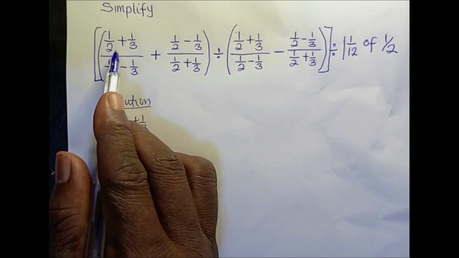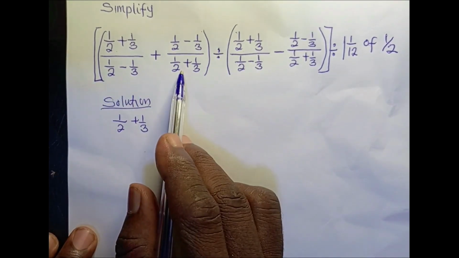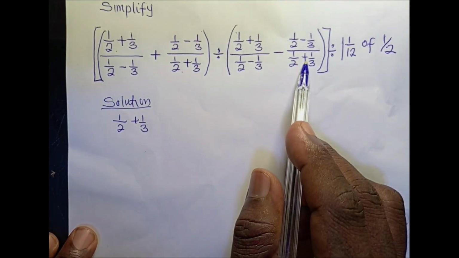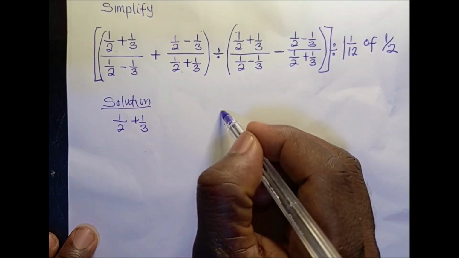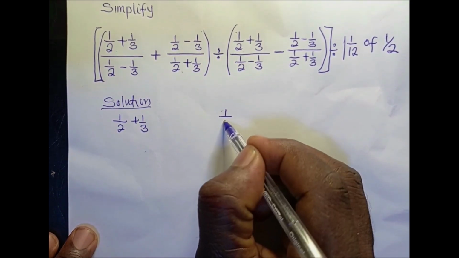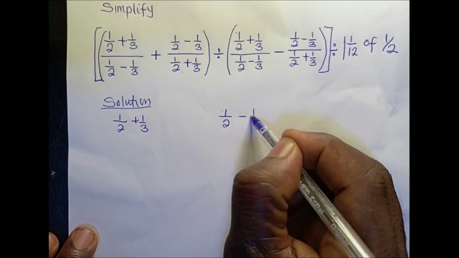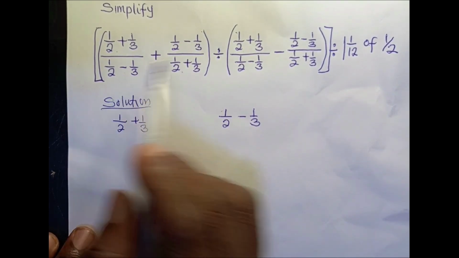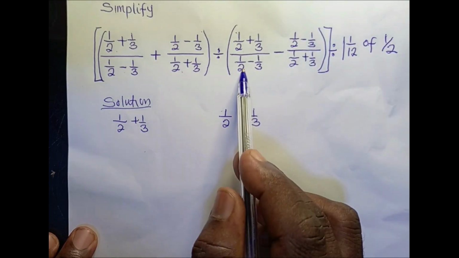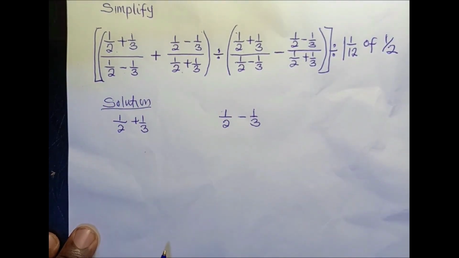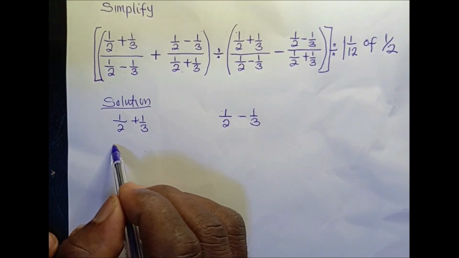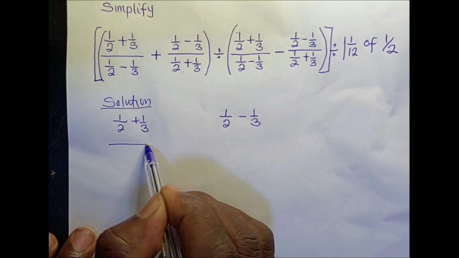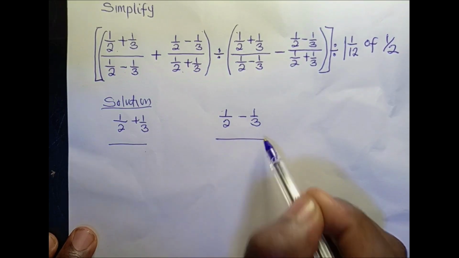You can see it here, here, here, and here, right? We can also see 1 over 2 minus 1 over 3. You see this one here, we see it here, here, and there, right? So let's simplify this one first and see the answer that it will give us.